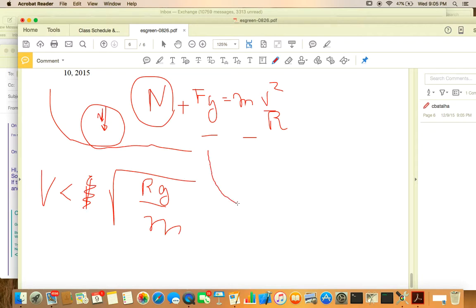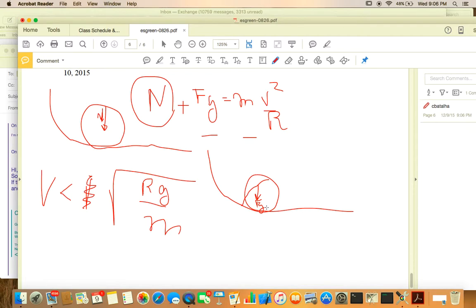Well, you're going to go up in your loop-to-loop, and when you get to this highest point, you're going to fall in a projectile motion, which means the normal force now is zero, but you don't make the curve. Gravity pulls you down, and now you have a projectile motion with the gravity pulling you down, basically. So you don't stay there.